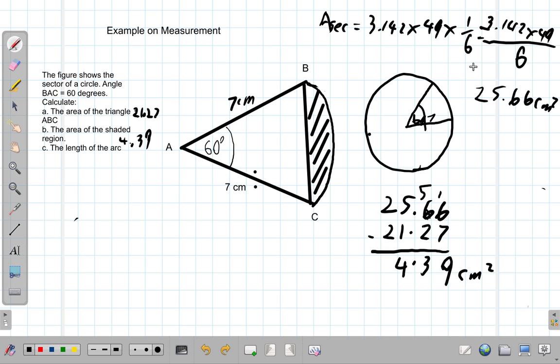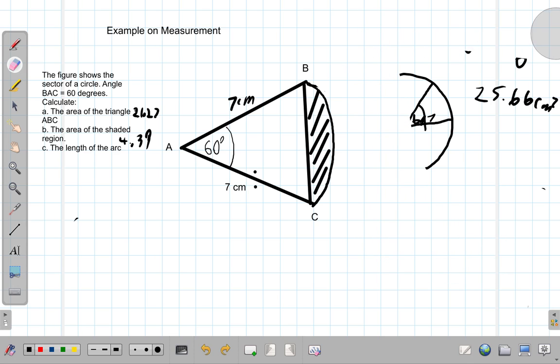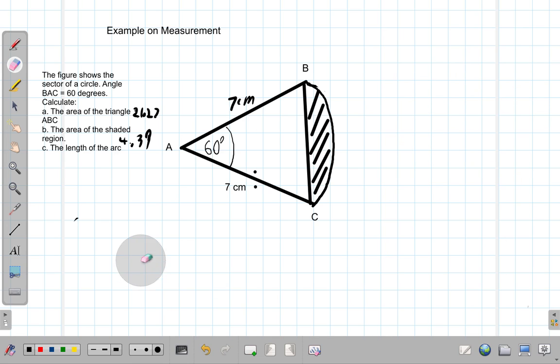What you do later on, you can come back to this exact point in the video, or do a screenshot, or better yet write it down in a notebook. We have 4.39 written already, so we can erase this. We know the first two answers. Now what about the length of the arc?